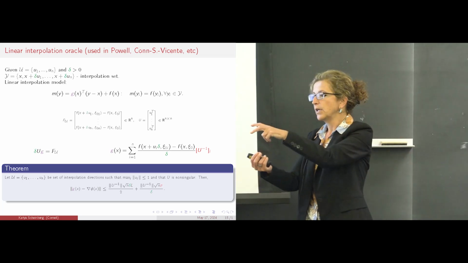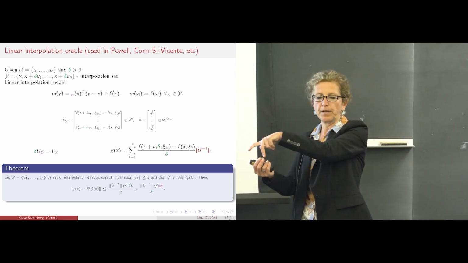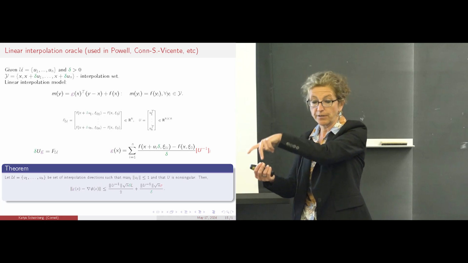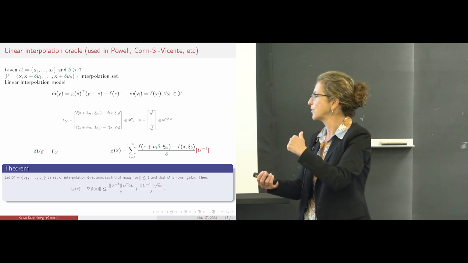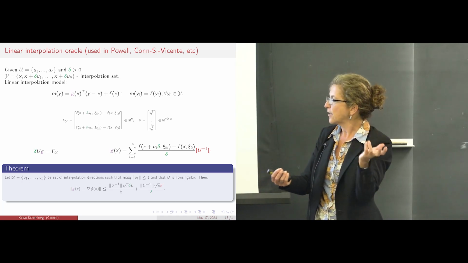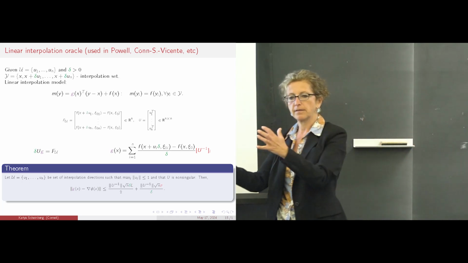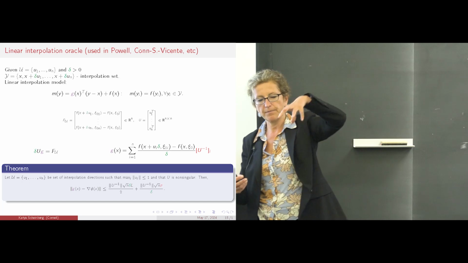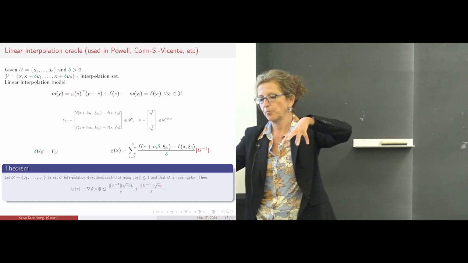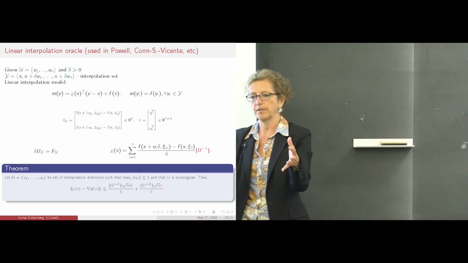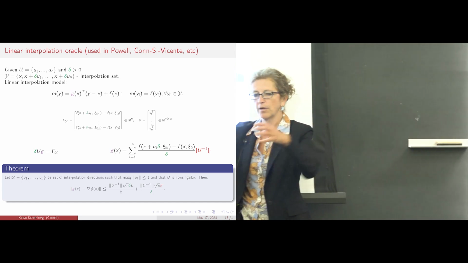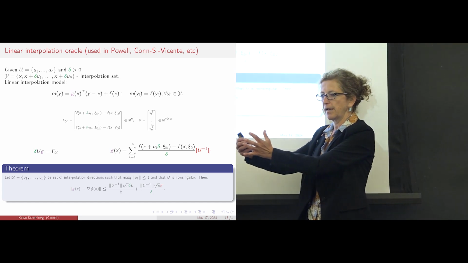So I move, I have to compute n points again, n function values again, n calls to the oracle, it's expensive. Instead of that, I can maybe just adapt my sample set. So I have a sample set of n plus 1 points, I compute one more, I throw one out, I have n plus 1 points again, I move more, I throw one out, I have n plus 1 points again.